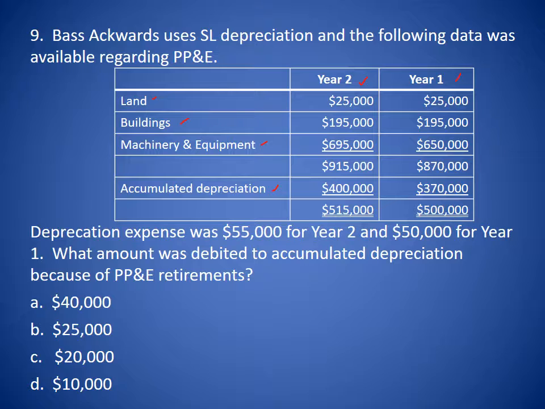We're also told that depreciation expense was $55,000 for year 2 and $50,000 for year 1. What amount was debited to the accumulated depreciation account because of plant, property, and equipment retirement? So we're going to have to analyze the changes to determine what happened between these 2 years.